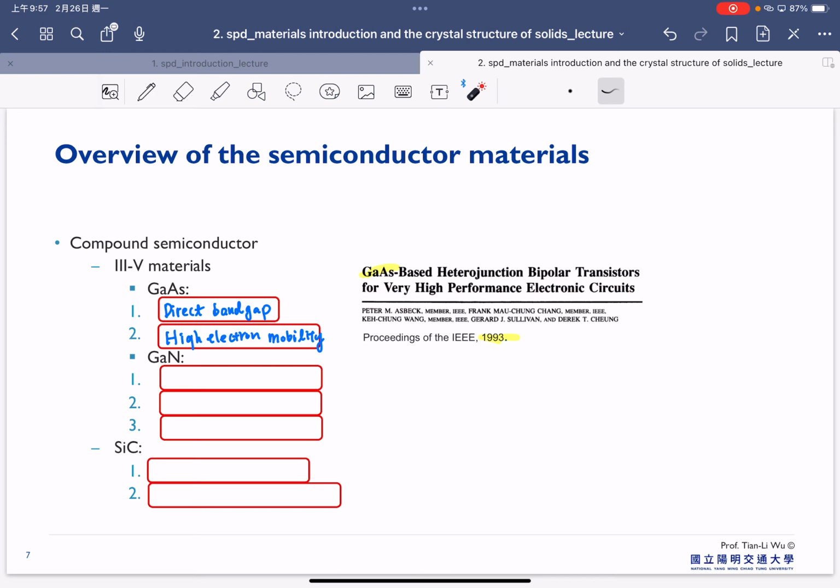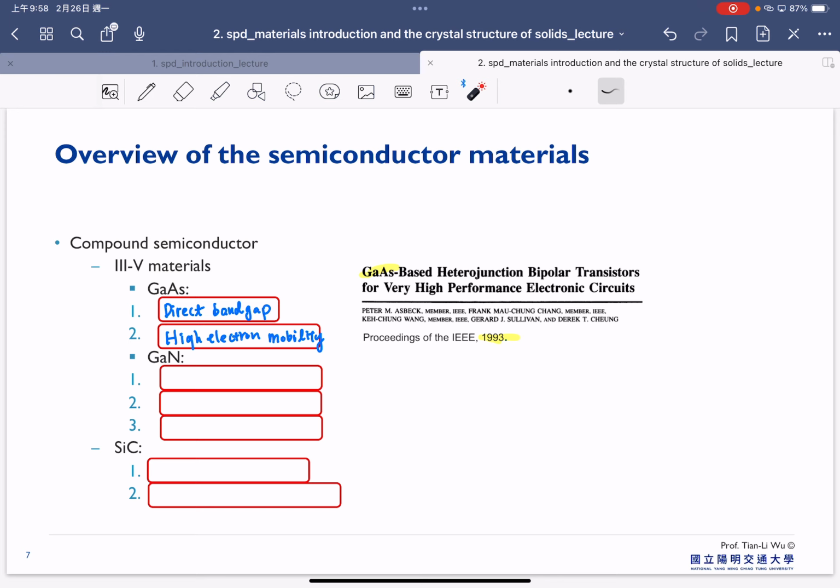This is a great example that, at least in the semiconductor domain, whatever you do in your research always has the potential to become a real product. That's the influence on life.